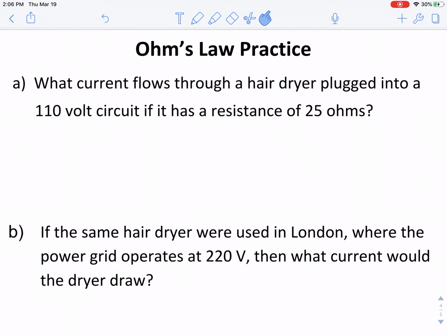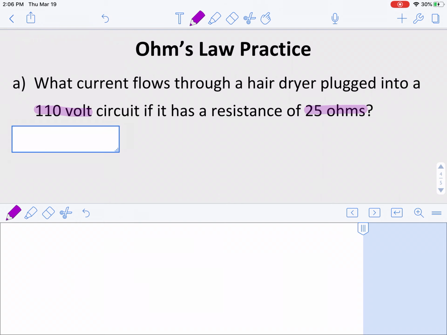So continuing on with this practice, this part says what current flows through a hairdryer plugged into a 110 volt circuit if it has a resistance of 25 ohms. So this is the third type of problem that we can assess you on. So first thing that's given to me in the problem is 110 volts. That's a voltage.